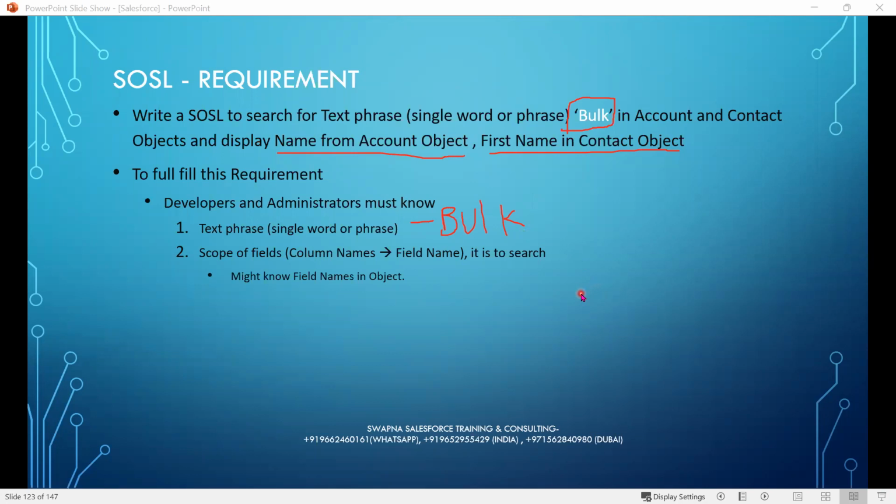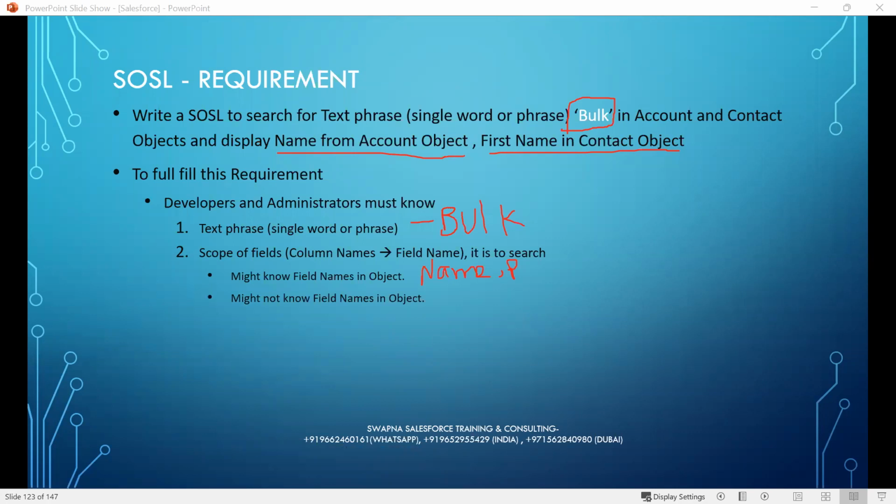Developers or administrators might know the field names in the object. Like maybe if it is an account object or contact object, assume that the fields are name, phone number, email. These are the fields we might know. There is a possibility that we might not know the field names in the object.